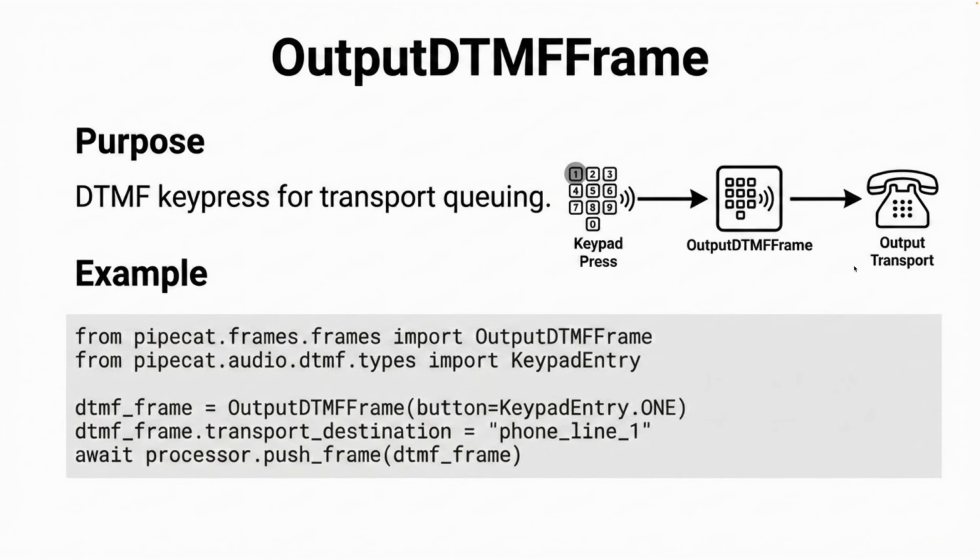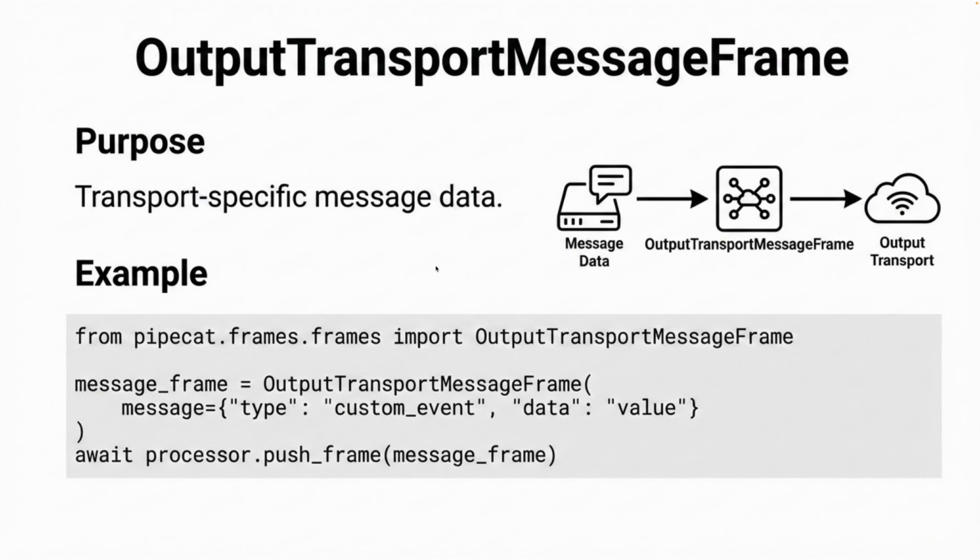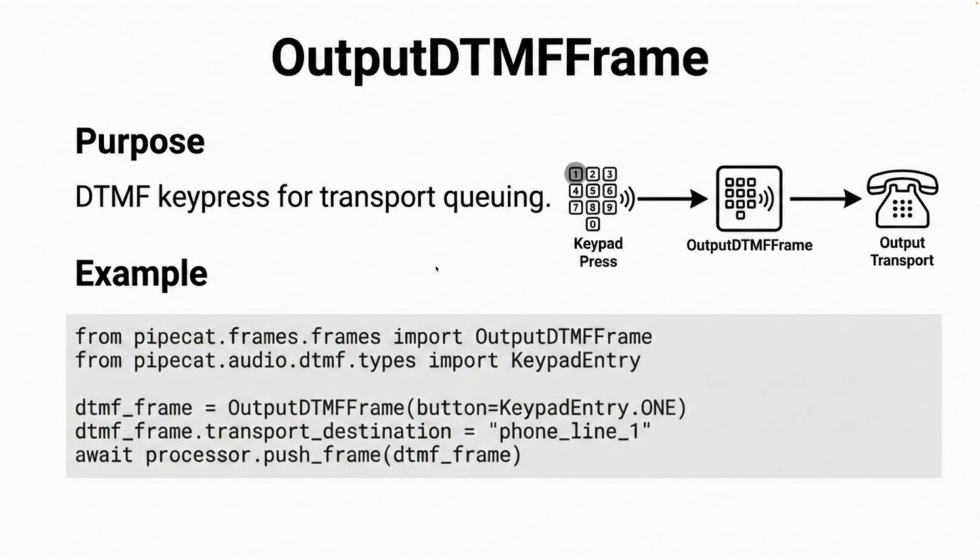If you want to output those DTMF keys to the output transport, we can use this output DTMF frame. Basically, these output frames are for sending data out of the pipelines. So these are the different frames that we have.